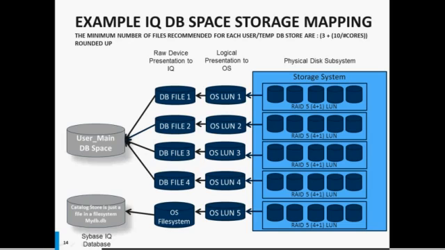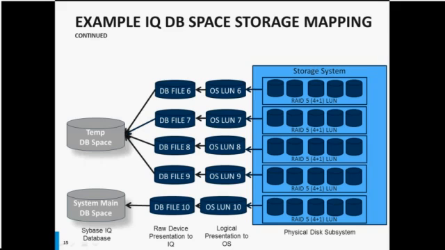And then we recommend that each of those files be its own storage area network LUN, and that you don't slice up a single LUN and spread it across multiple files, because IQ is already striping the data across these files. So you don't need stripes across partitioned striped devices. The same holds true for the temp DB space as well, with the same ratio of cores to files.